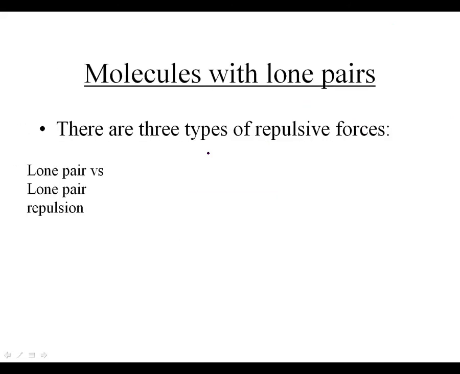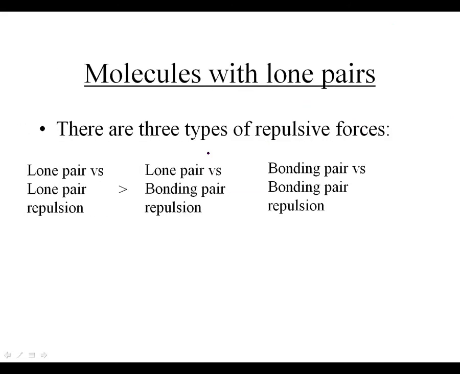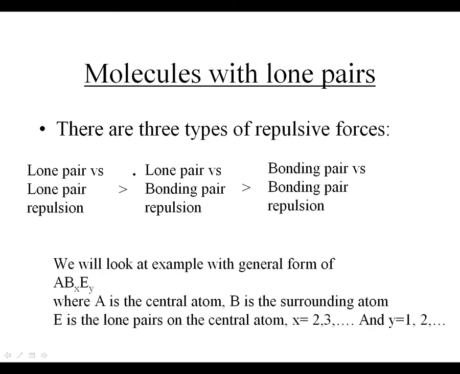Again, the reason is that we get these different types of electrons involved. This over here is non-bonding electrons near non-bonding, which is the worst sort of interaction you could have. In your Lewis structure, that's like two pairs of dots near each other. They want to get as far away as they can.